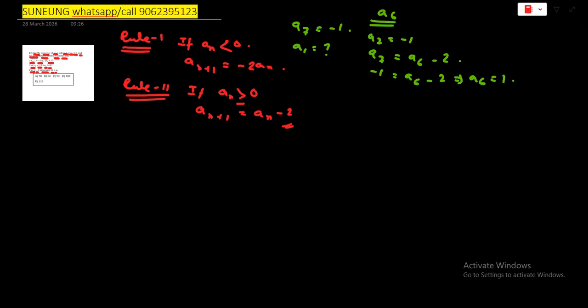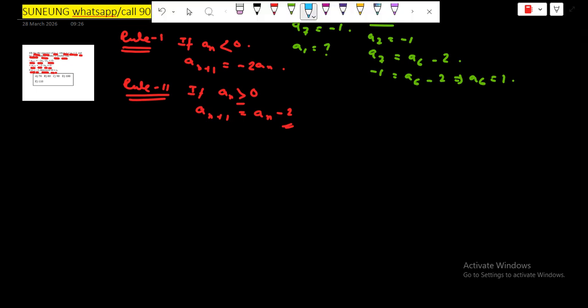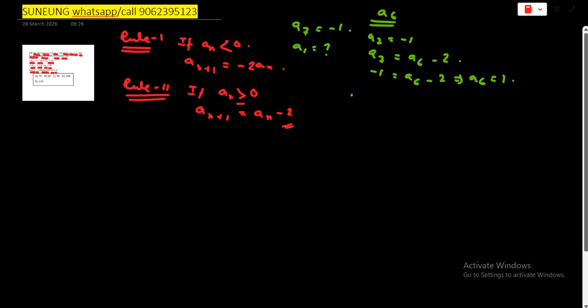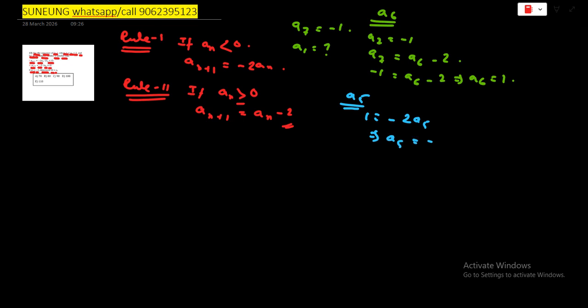Now find a_5. Could 1 come from rule number 1? 1 equals minus 2a_5, so a_5 will be minus 1/2. This works because minus 1/2 < 0. Now could 1 come from rule number 2?